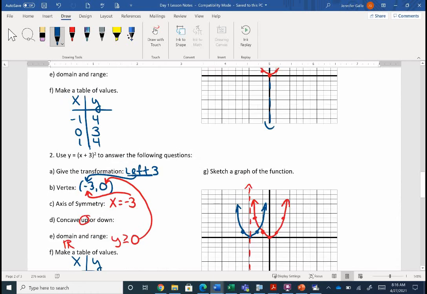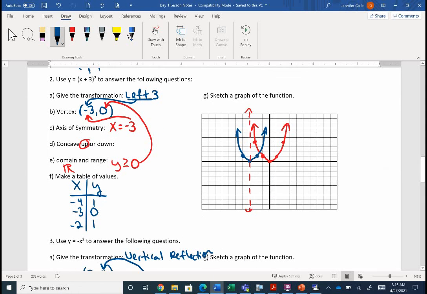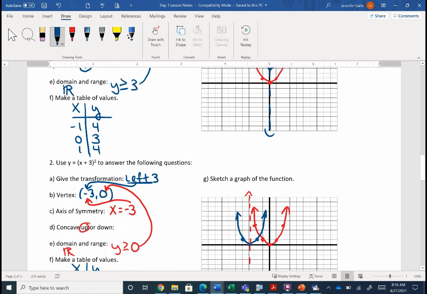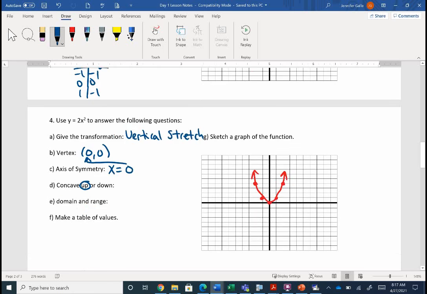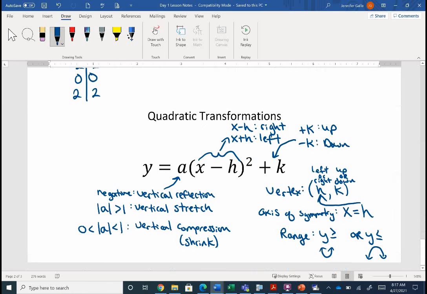Same thing if I go to number 2. 0 in the range, 0 for the y in my vertex. As I look at number 1, we chose 3 for our range. 3 was the y value of my vertex. So when you go to decide your range, you want either your highest or lowest y value, and that is, I'm going to put a k there. That's the y value at your vertex.